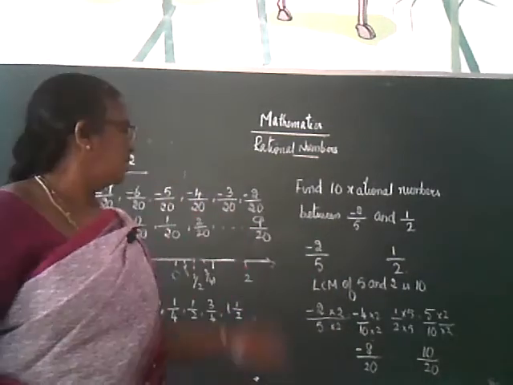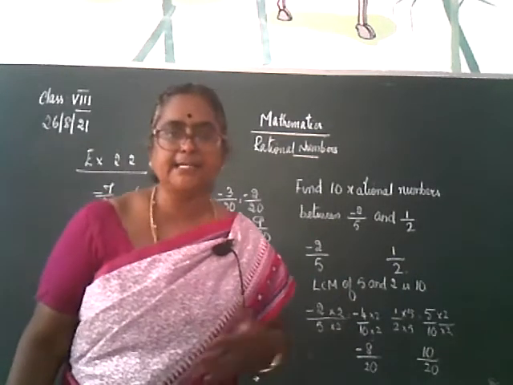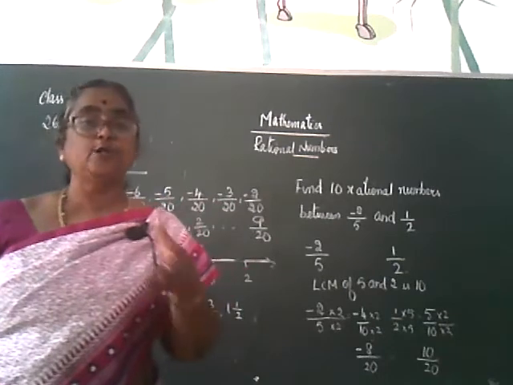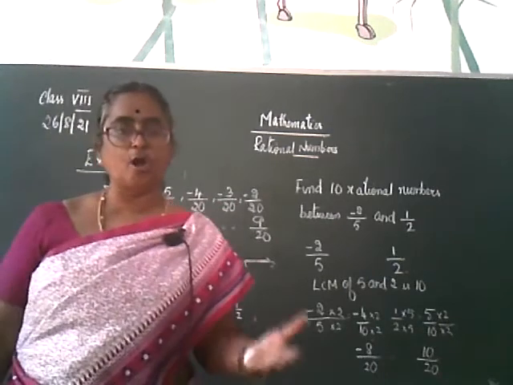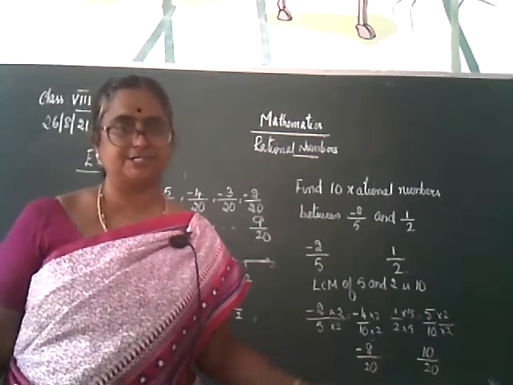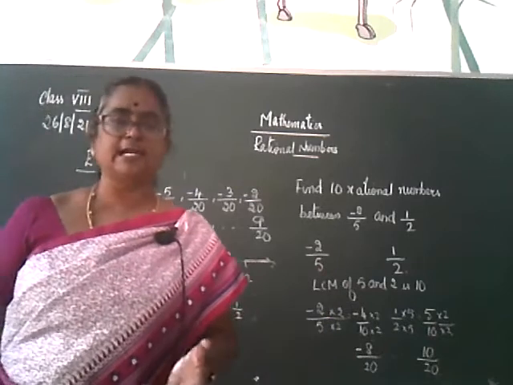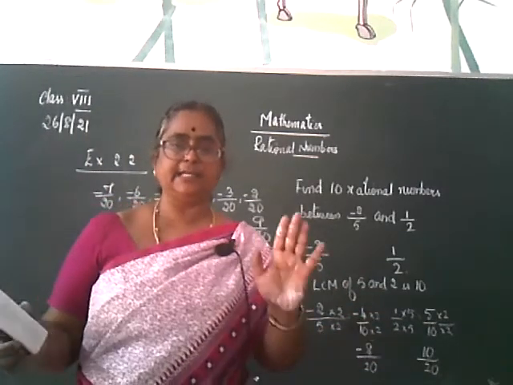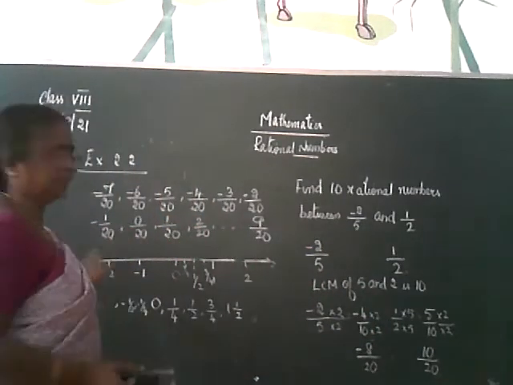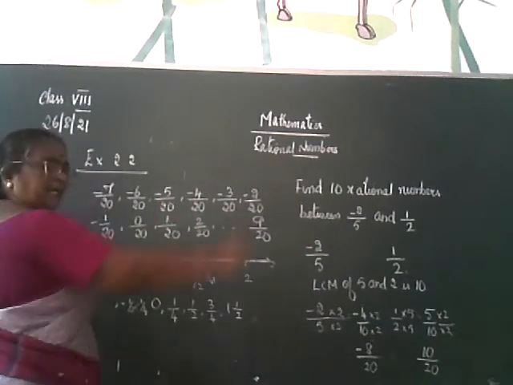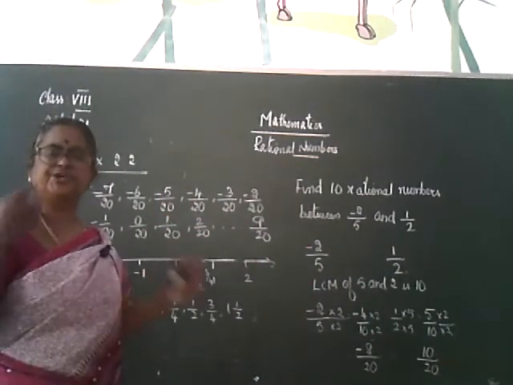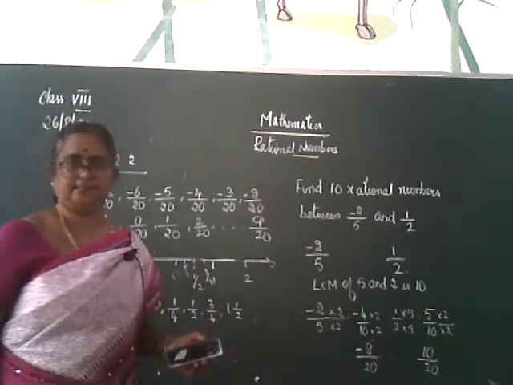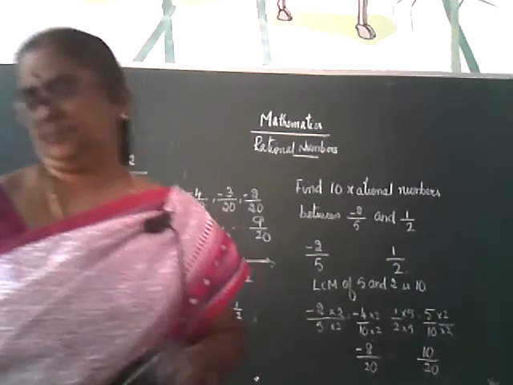So minus 8 by 20 and 10 by 20. Now you can write as many as you want. Here he is asking only 10, so I have written only 10. You can take up to 9 by 20, and whichever you want you can choose.